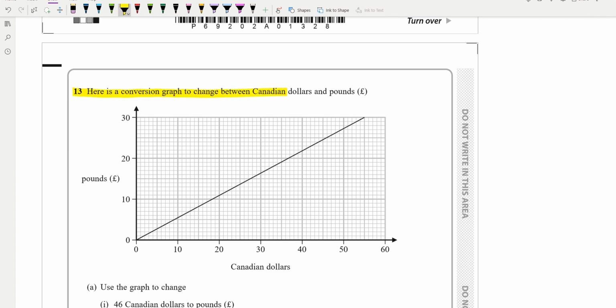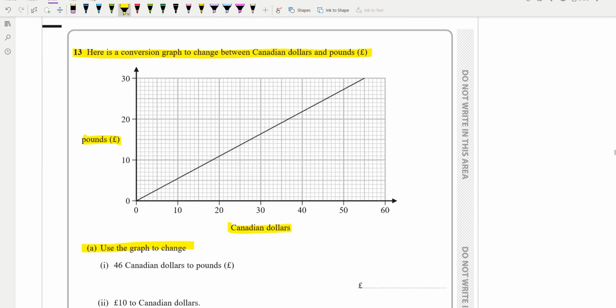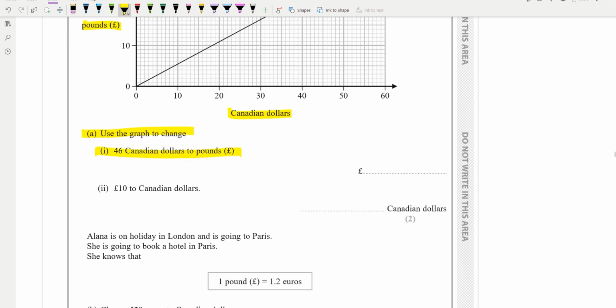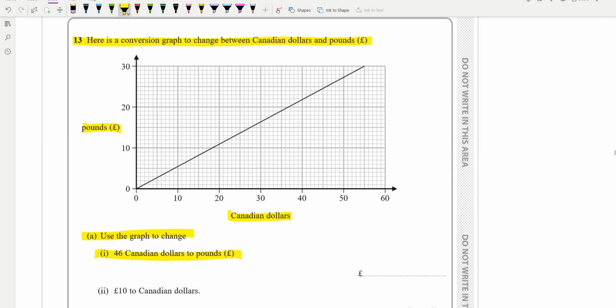Here is a conversion graph to change between Canadian dollars and the pound. This side is pound, this side is Canadian dollars. Use the graph to change 46 Canadian dollars to pounds, and we can check the 46 reference. We can take the 46 reference from this point, and 46 is this one. We can check this on this side, and this is 25.